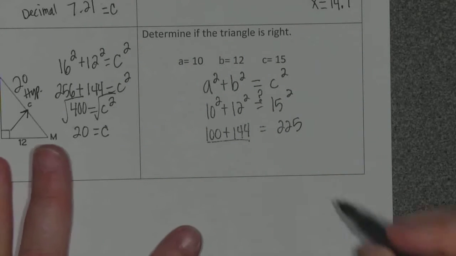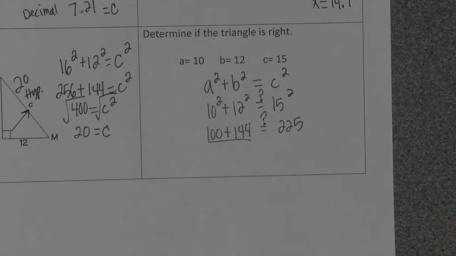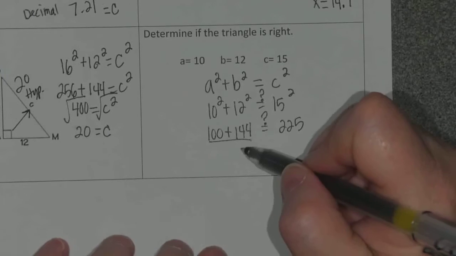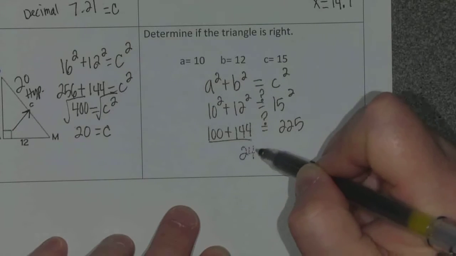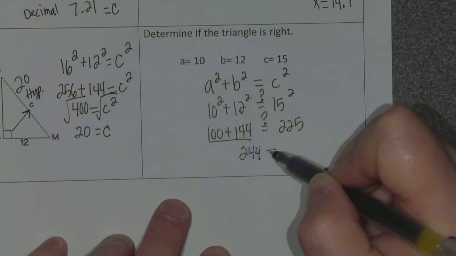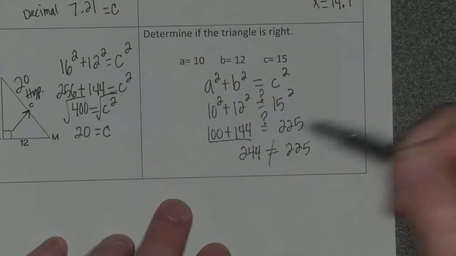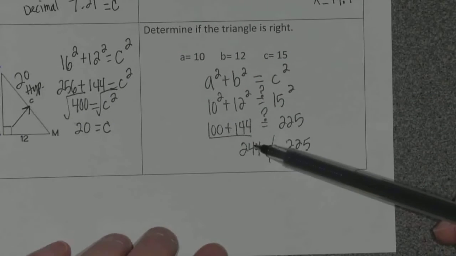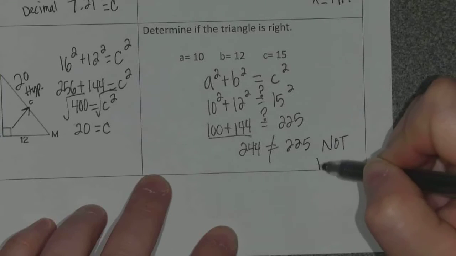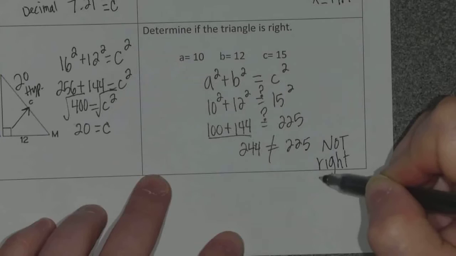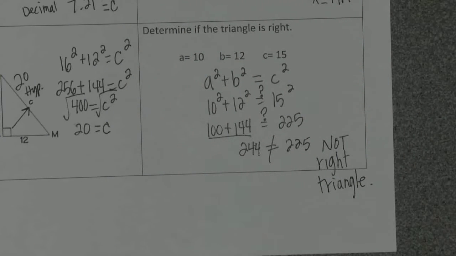Whoa. Do these add together to be this? No. This is 244, right? And does 244 equal 225? No, they're not equal. So when they're not equal like this, it is not a right triangle. If they would have equaled each other, then we would have known that it was a right triangle.